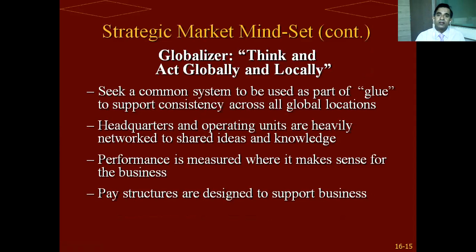Then the third general compensation strategy in the international pay system is the globalizer. It says think and act globally as well as locally. Now let us see how this works. Seek a common system to be used as part of the glue to support consistency across all global locations. Say, for example, a skeleton: the main basic principles or philosophies adopted from the headquarters.